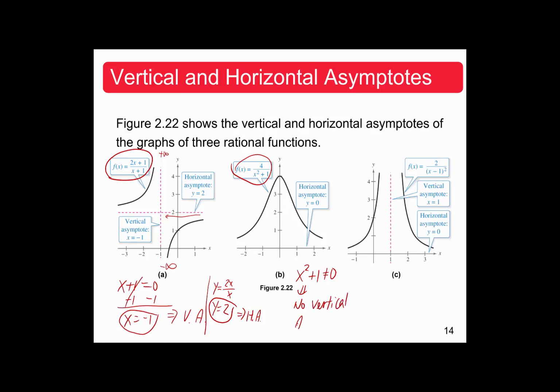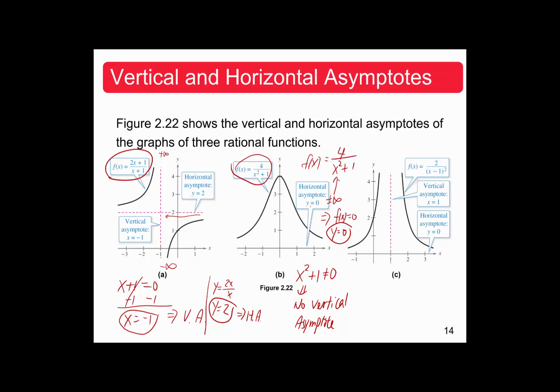But there is a horizontal asymptote, because when x approaches plus or minus infinity, then 4 over infinity plus 1 will become 0. So f of x will become 0. That means y equal to 0, and y equals 0 is the x-axis. So here the horizontal asymptote is y equal to 0, and that's how you analyze it.